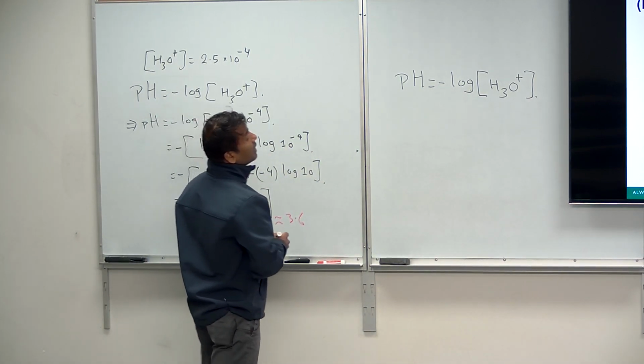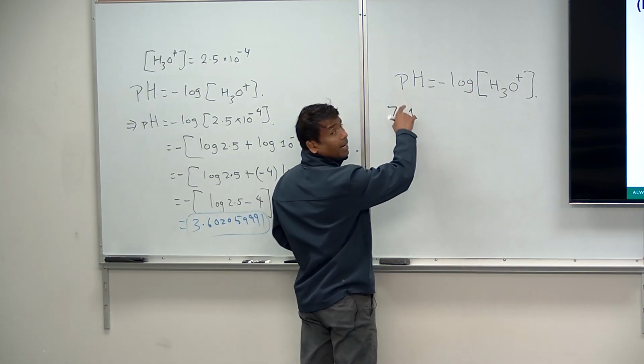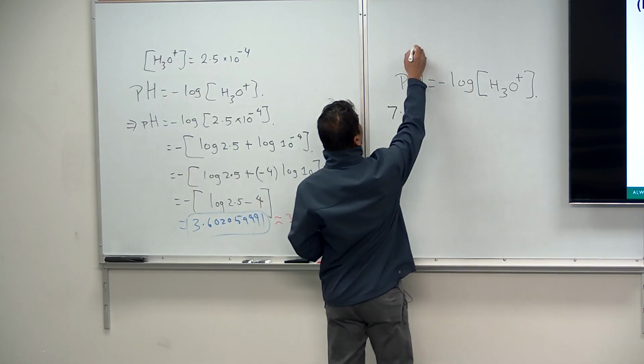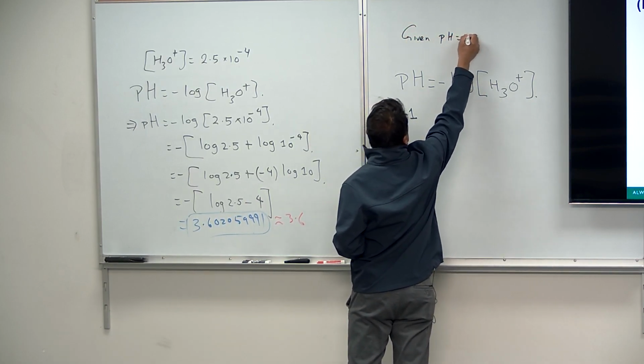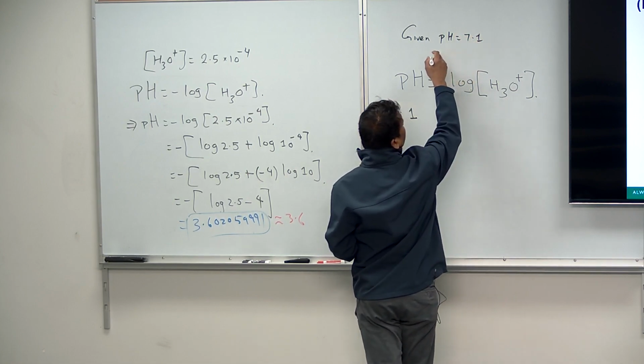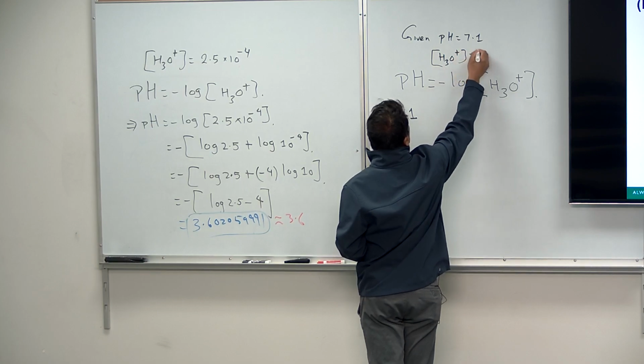What is the pH? 7.1, this is given. And what do you need to find? Given pH equal to 7.1, you need to find H3O plus equal to what?